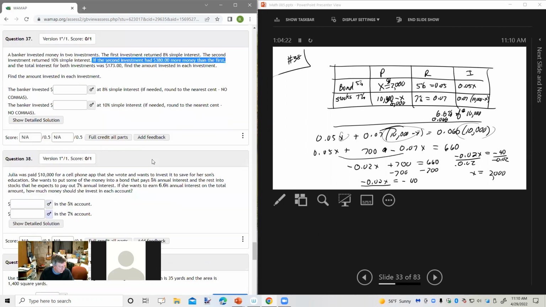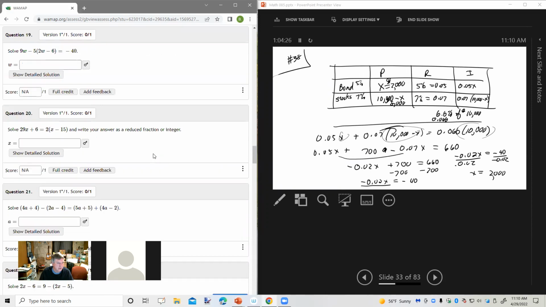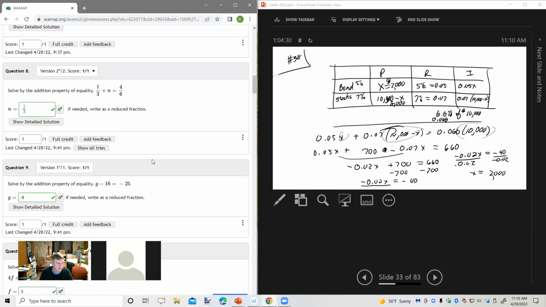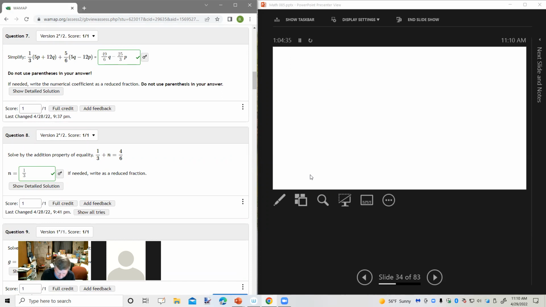Okay, and then we had a request for one that's like the number 7. So we'll go ahead and look at the number 7 from this student. Simplify.